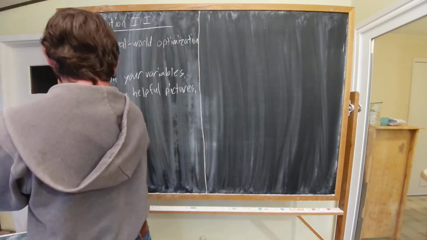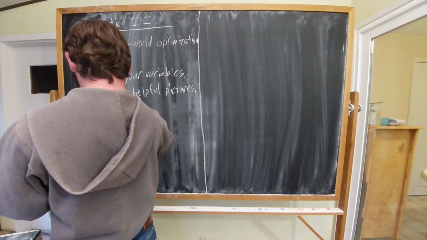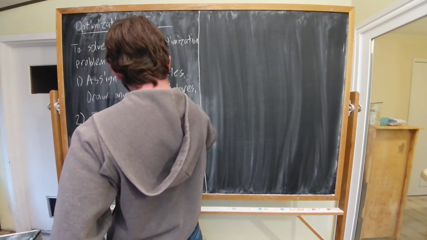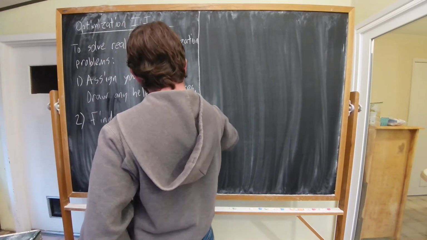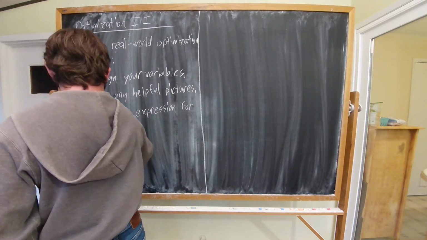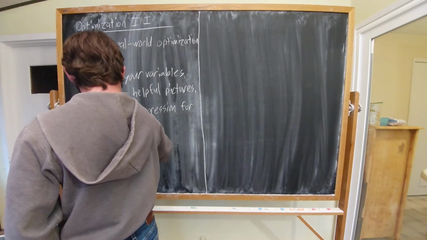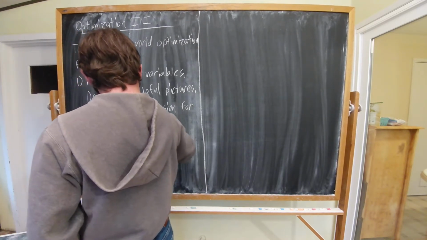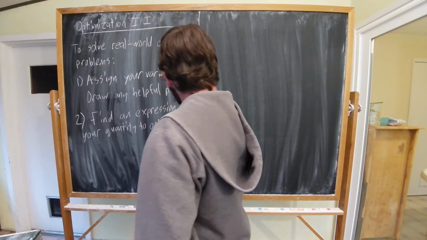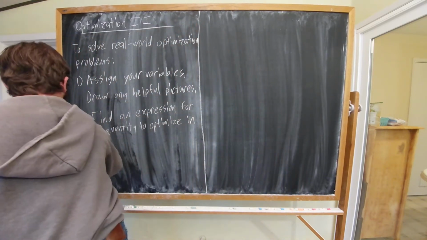So, step 2, find an expression for the quantity that you're trying to optimize in terms of the other available variables.